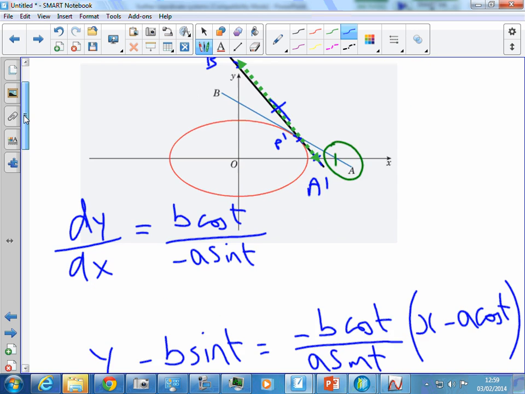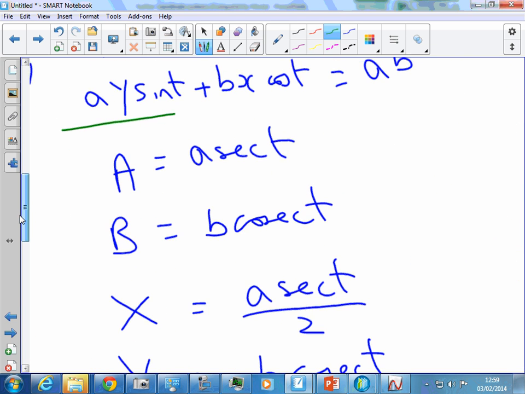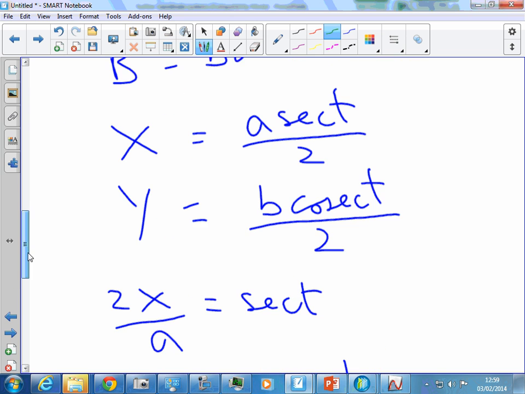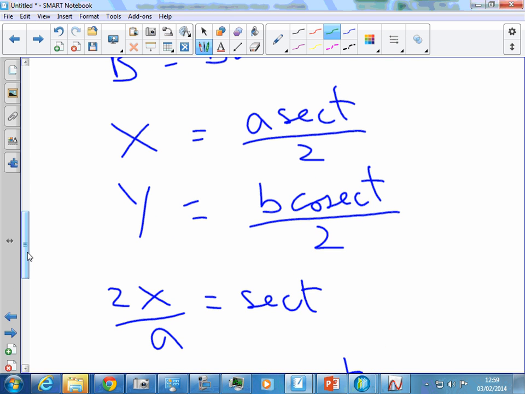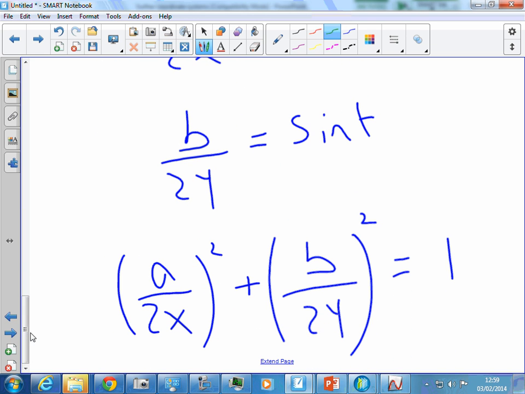This is the equation of the tangent as P moves around the ellipse. This is any point P. But we want the equation of the midpoint of AB. So we have to find out in general what the midpoint is. This is the midpoint. And then from there we can eliminate and find the Cartesian equation.